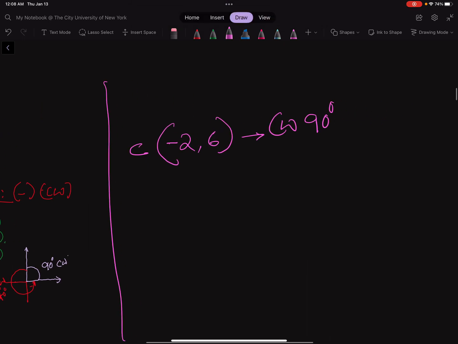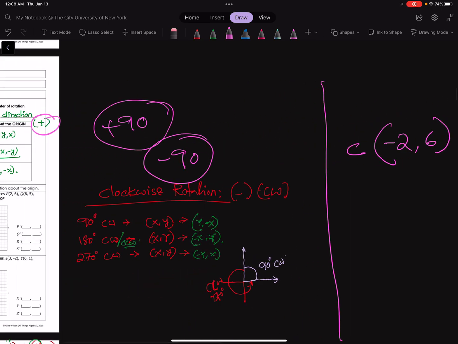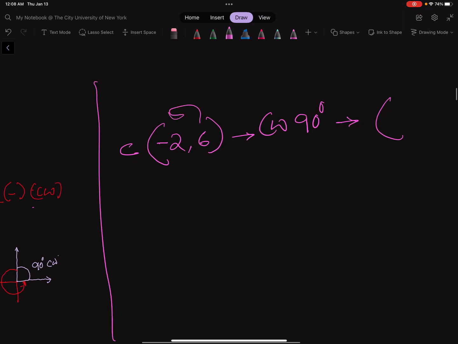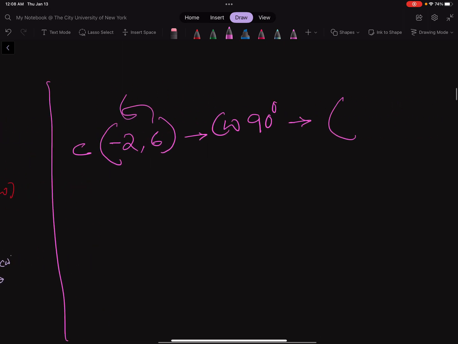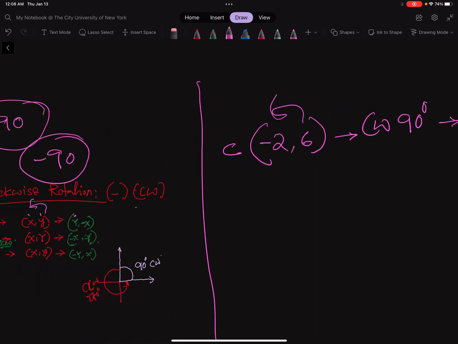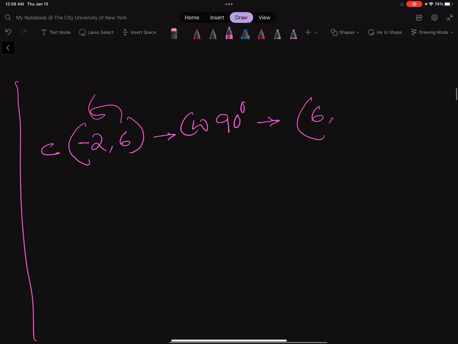So what will happen? Clockwise 90 degrees, in your formula sheet, that's given as negative. So (x, y): y comes to the position of x, they flip, and x takes a negative. So take this one as the x position, and x goes here, so it flips, and since it's a negative it makes it a positive, okay?